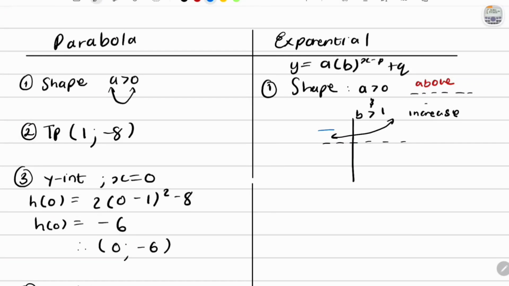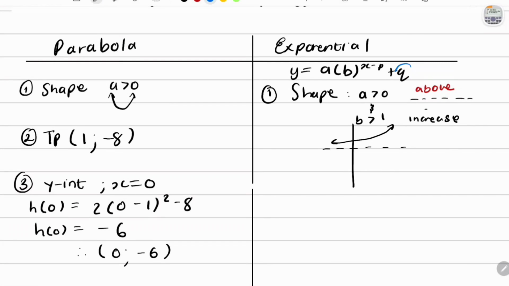But if the x-axis was here, then it's going to cut the x-axis eventually. And that would mean you would have an x-intercept. So it is important for you to actually decide beforehand whether your graph is going to have an x-intercept or not. And we will find out whether it will have an x-intercept using its asymptote.